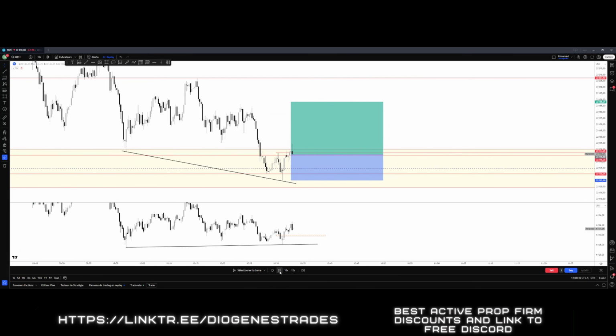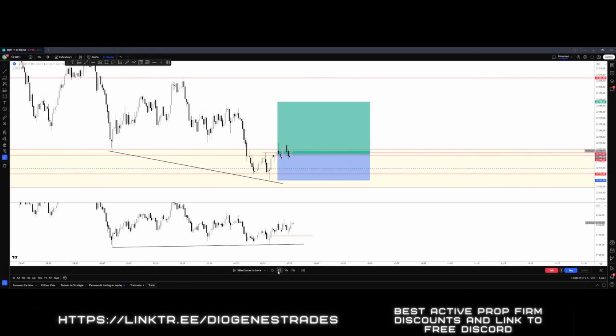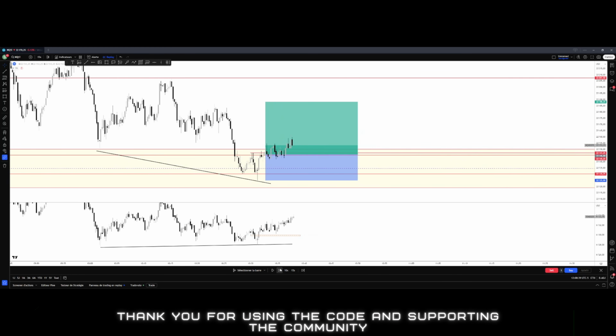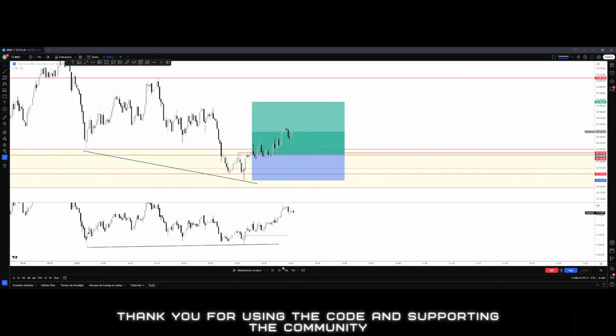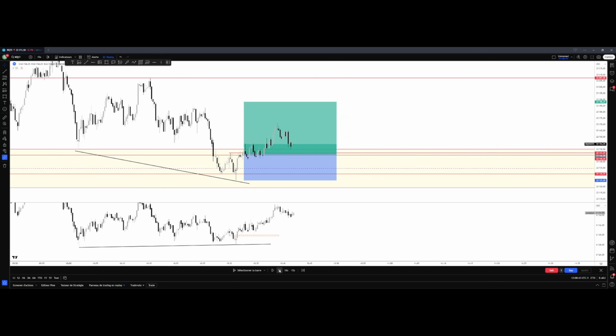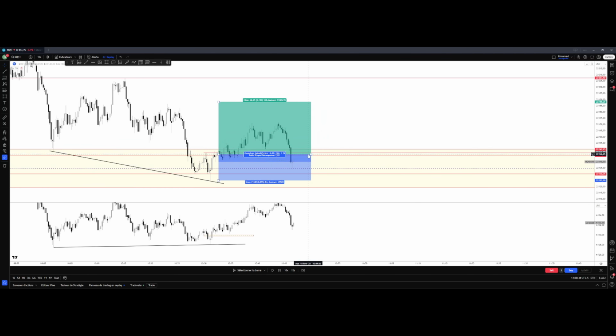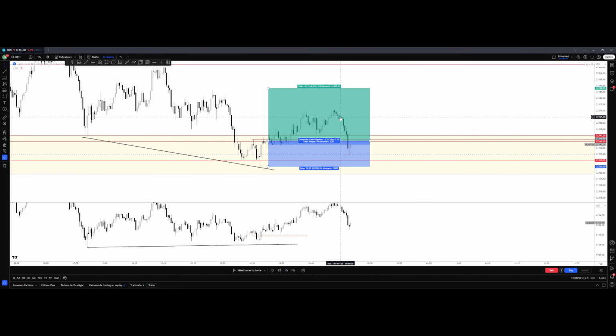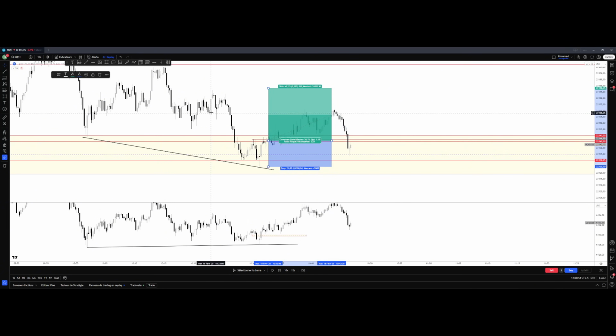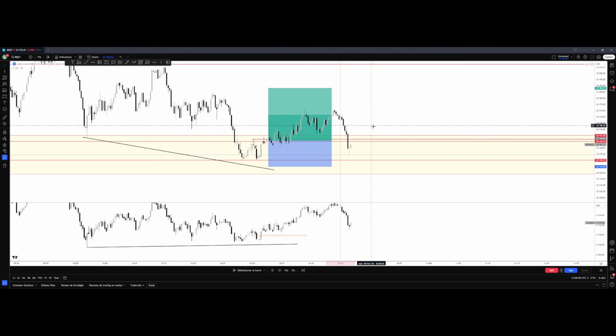Okay, so price played a little bit here, then started going up. So this 15-minute closed here, and this was the opening of the new 15-minute candle.